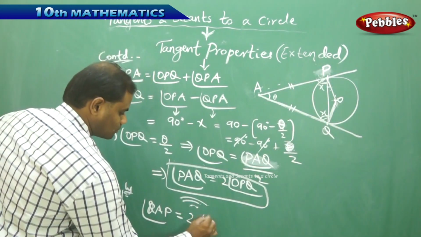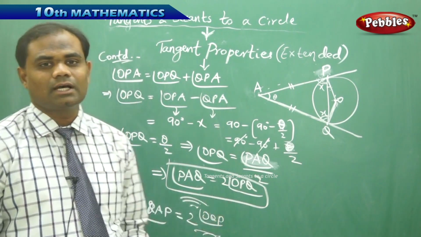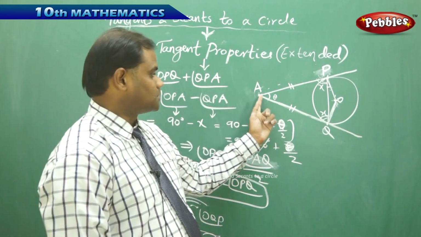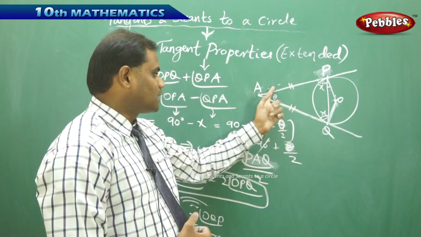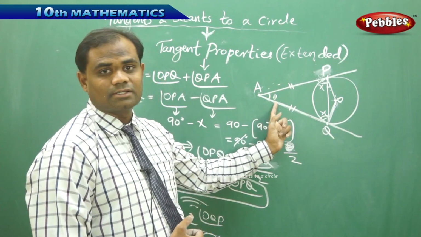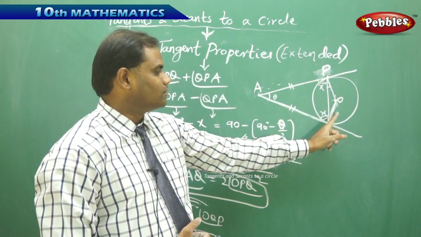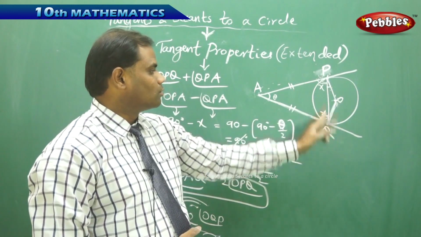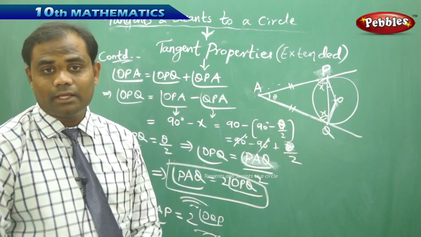Hence, these are the two properties identified for tangents drawn from an external point A: the angle between the tangents, theta, is always twice the angle between the radius and the chord, OPQ and OQP, which are always half of the given angle PAQ.